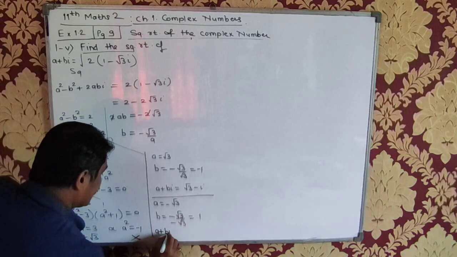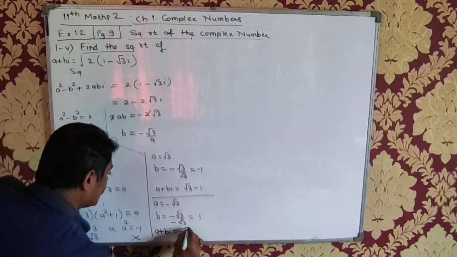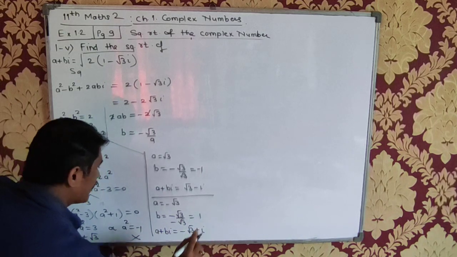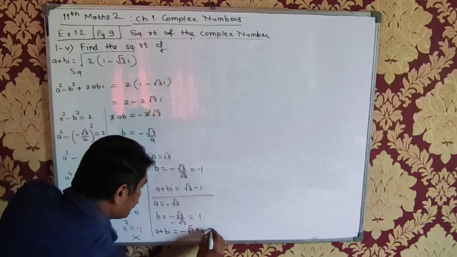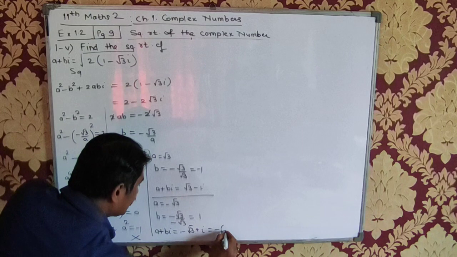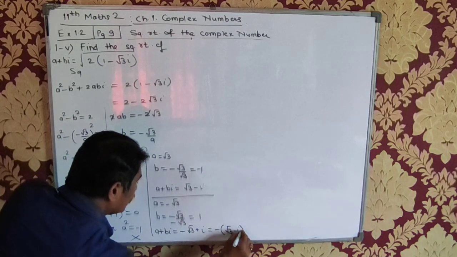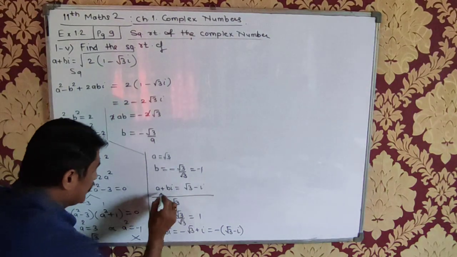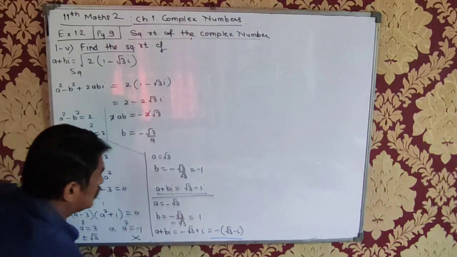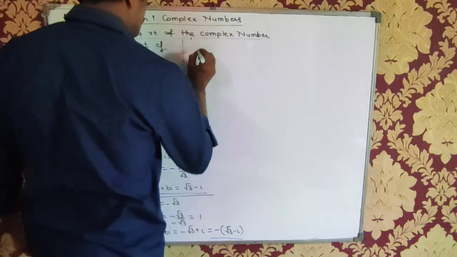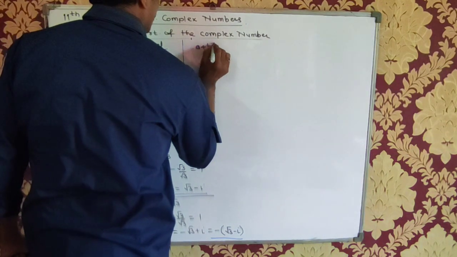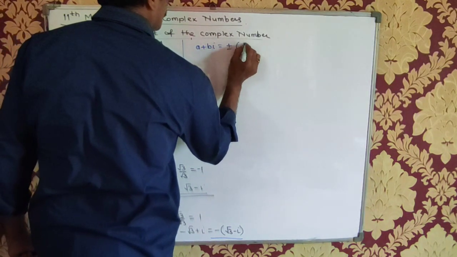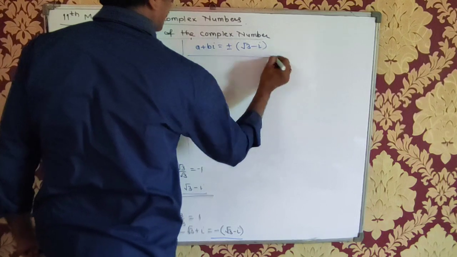Therefore a plus bi is equal to minus root 3 plus i. I can take the minus sign common here: minus bracket root 3 minus i. So what is the final answer? This or this. The required answer is a plus bi is equal to plus or minus root 3 minus i. That is the final answer.